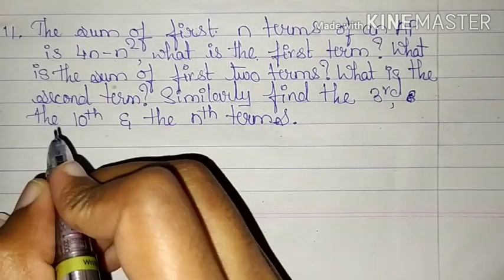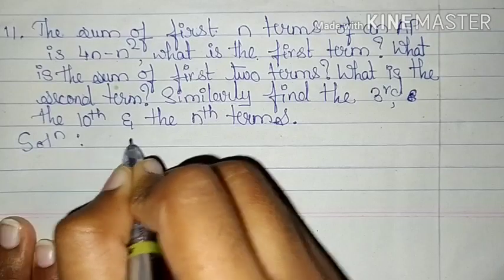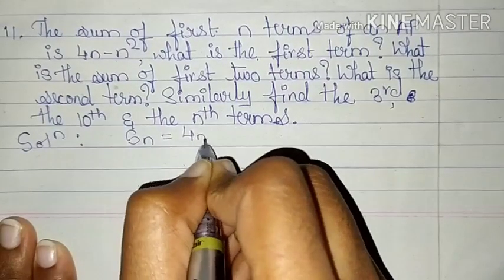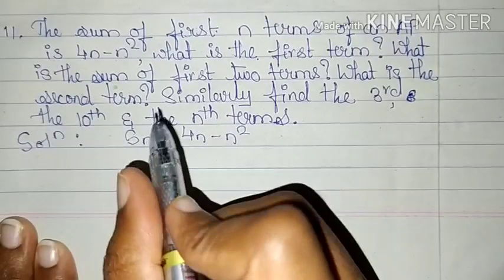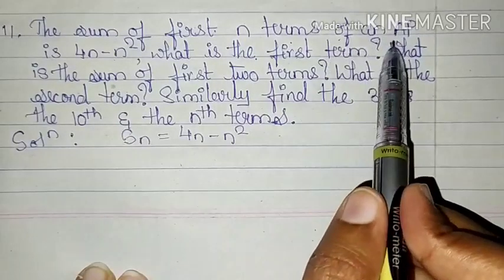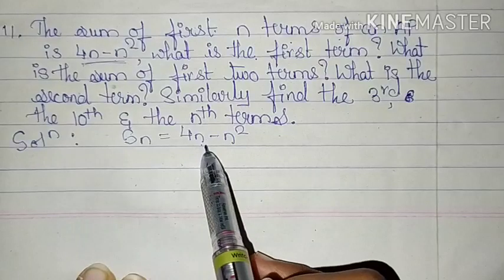In this question, it is a little bit different one. In this question, they have told us that Sn is equal to 4n minus n square. This is our given. They have told us that the sum of first n terms of an AP is 4n minus n square. Alright.